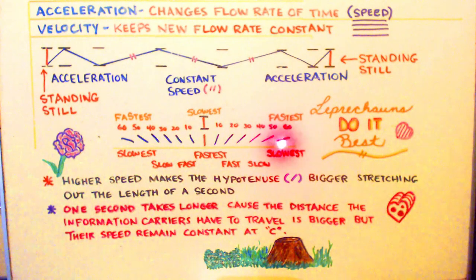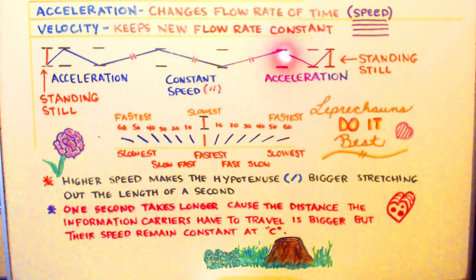Keep in mind, this blue line here would actually be this long. I just made them all the same length so that I could have enough room on my board here. But you can see as you move to the right, just like over here, you're going to make a hypotenuse. You're going to stretch this red line out into a long blue line that's a hypotenuse. And if you keep accelerating faster and faster, the blue line is going to get longer and longer, just like over here. If you go in this direction, it's going to go this way.